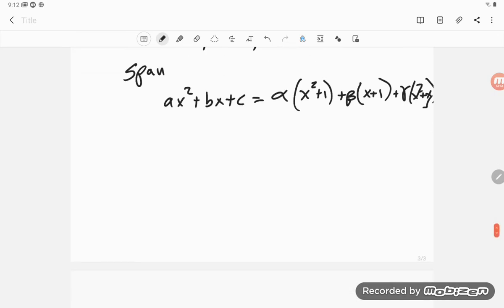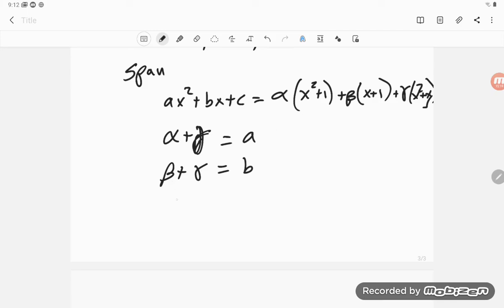And now I can set this up as a matrix sort of thing by using like terms. If I go with the x squared, alpha plus gamma has to equal A, and where my x's are, beta and gamma: beta plus gamma has to equal B. And then finally, what's C?